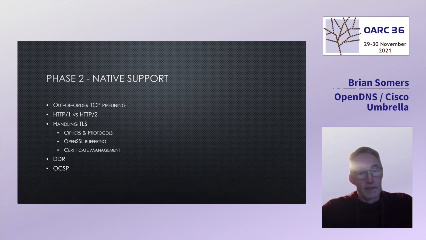Fairly straightforward. HTTP2 is a binary protocol, as I'm sure many people know. We ended up using nghttp2, a library that's available and that Nginx uses. I guess that's where it gets the ng from. And this fit reasonably well into the resolver and our use of the TLS layer.